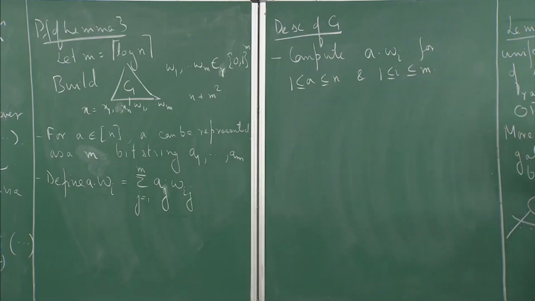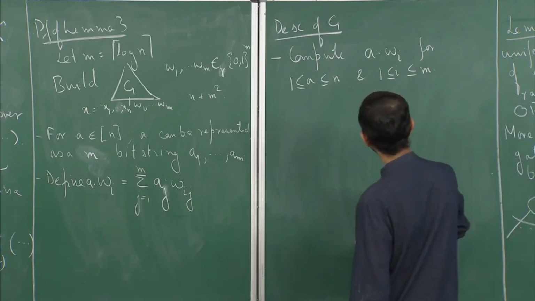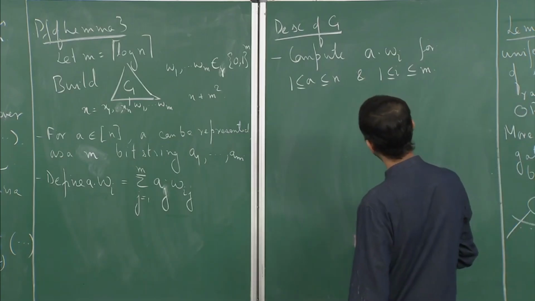So we have n times m many products, and how do we do this?